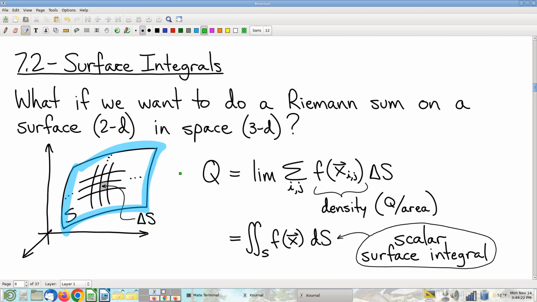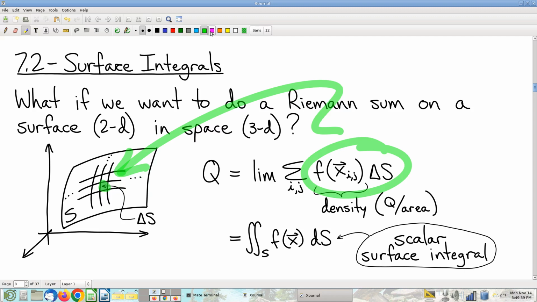You can't just multiply density times area because the density varies, but you can chop it up into little pieces, and on each little piece of area you can just say, well, the number of flowers in that one little piece is going to be quantity per unit area times area.